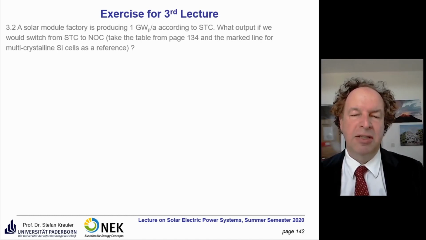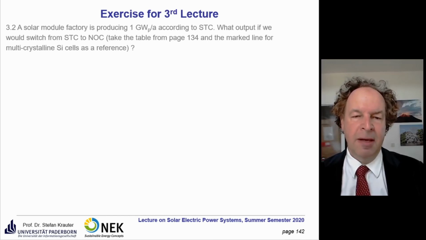Divided by year, so 1 gigawatt production of solar modules per year, and we want to see how the output of that factory would change if you used more realistic conditions, the nominal operating conditions. For the temperature coefficient, we take multicrystalline silicon cells as a reference.